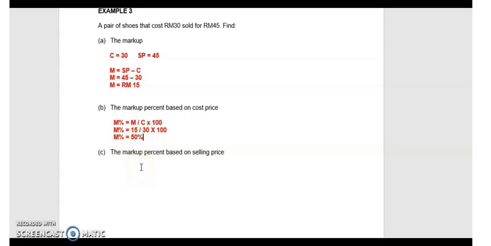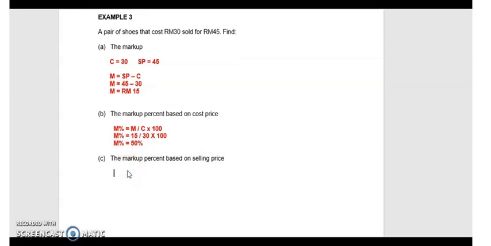Okay, how about if markup is based on selling price? So here the markup percent is amount of markup based on selling price divided by selling price times 100. 15 divided by selling price, which is 45 ringgit, times 100.